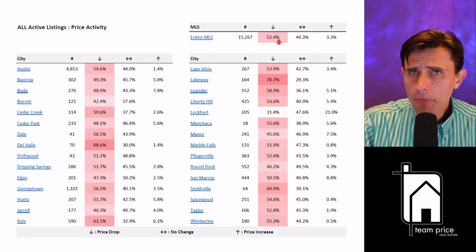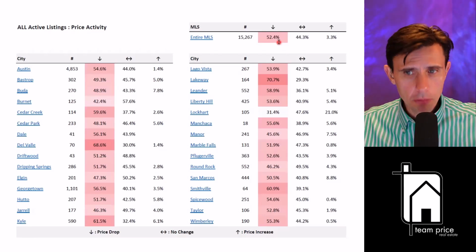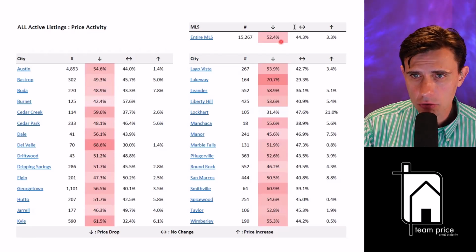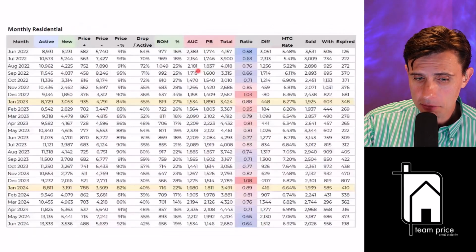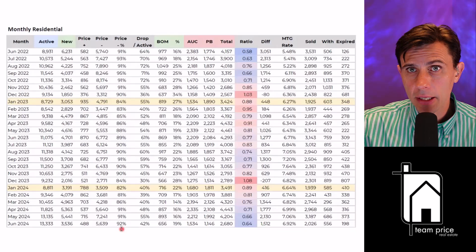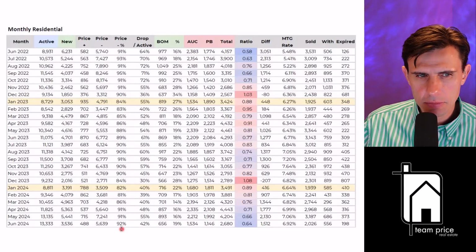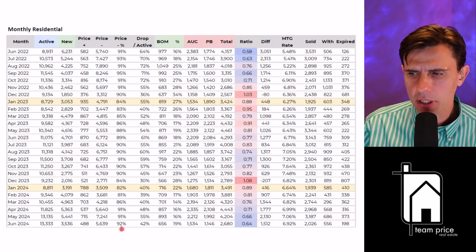So out of everything that's under contract, 52.4% have had a price drop. So far this month, out of everything that either went up or down on price, 92% went down on price. Does that make sense? So that's where that 92% comes from.